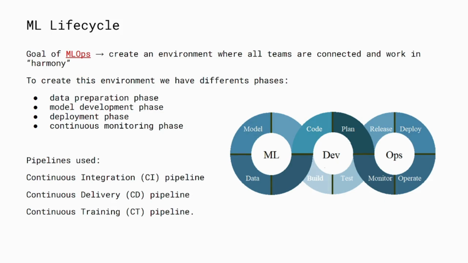What is the goal of MLOps? The goal is to create an environment where all teams are connected and work in harmony, enabling better products while increasing speed and productivity through automation. To create this environment, we have different phases: collecting the data, preprocessing, and feature extraction. The best model for the task is selected. Data from the data store is used to train the model.